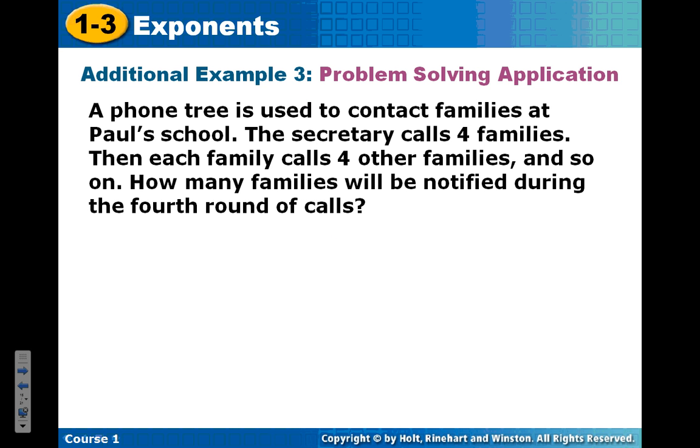You are also going to have problems like this for your homework. Phone tree is used to contact families at Paul's school. Secretary calls 4 families, then each family calls 4 other families, and so on. How many families will be notified during the 4th round of calls? Well, we could do this. Round 1, round 2, round 3, round 4.